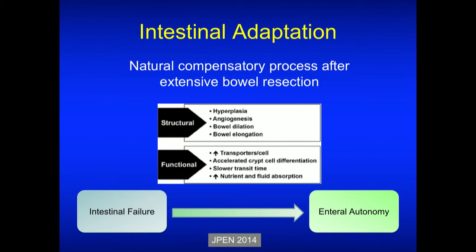It moves more slowly, and it also has the villi, which are finger-like projections inside of the mucosa of the intestine, actually grow taller so that there's more absorptive area for nutrients. But on a cellular level, there's also more transporters so that nutrients are able to be transported into the body from the intestine. And we mentioned the slower transit time, the end result of which is increased nutrient and fluid absorption.